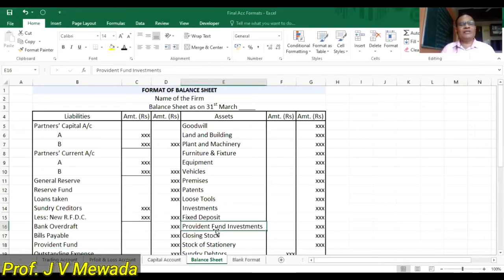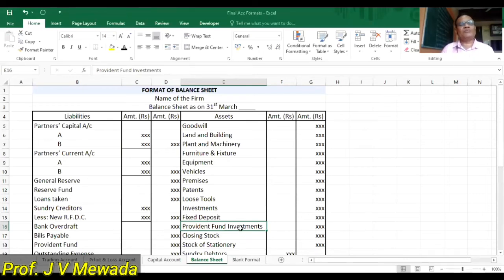We invest the amount from time to time in a bank or some institute. So whenever the employee retires, this amount is withdrawn from that bank or institute, and then the amount is paid to the employee. So that is provident fund investment.